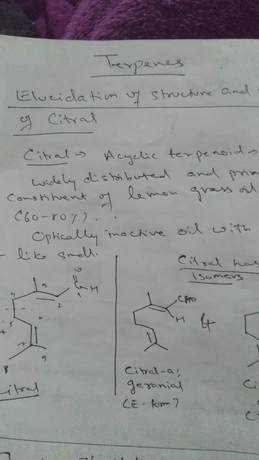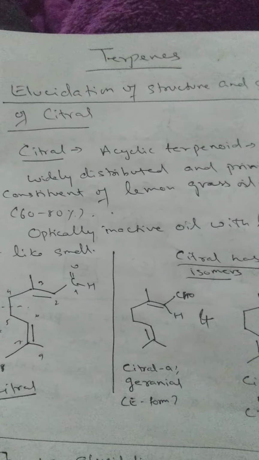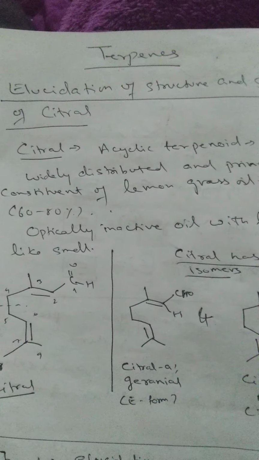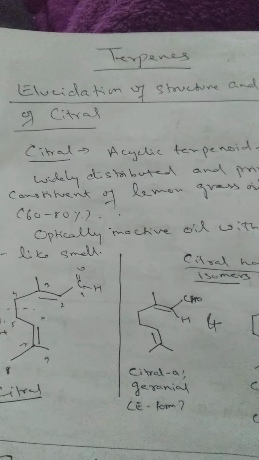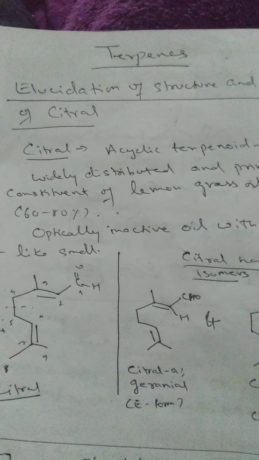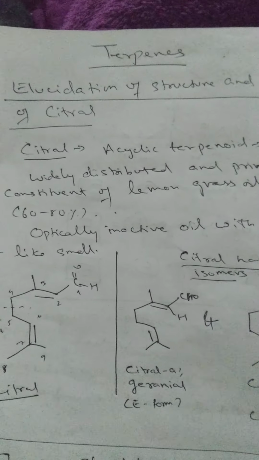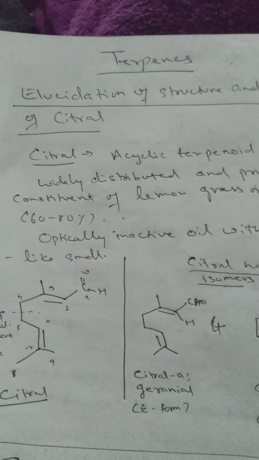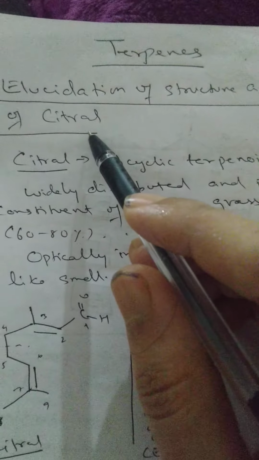To find out, a lot of hard work and crude chemistry went in. You put sodium hydroxide, sulfuric acid, heat it up, and try to get some structure. Finally you develop a structure, and with that a lot of chemistry developed. That's what had happened. So we'll see how they discovered the structure of citral.